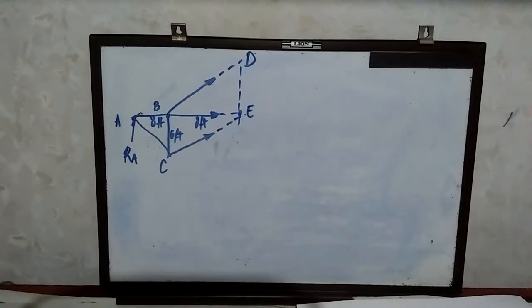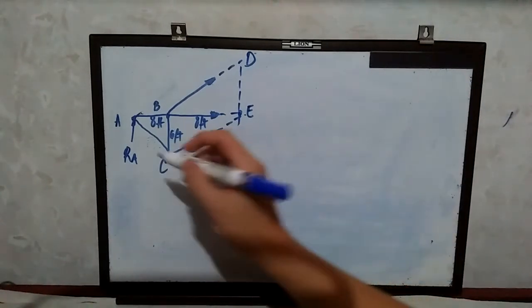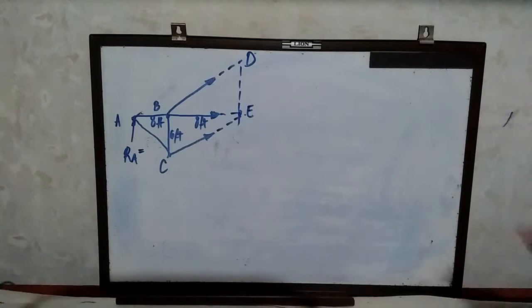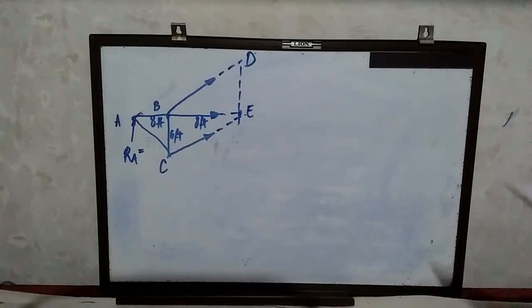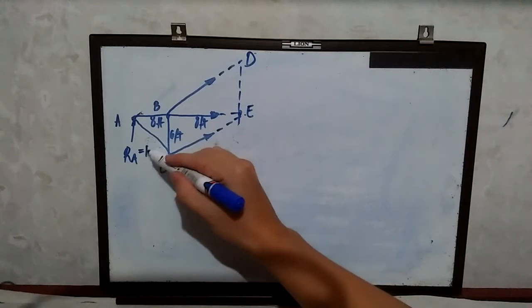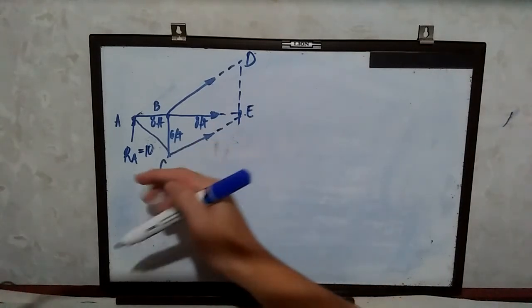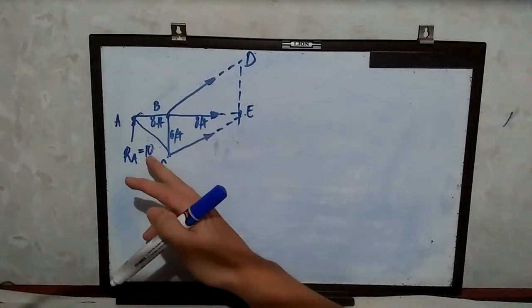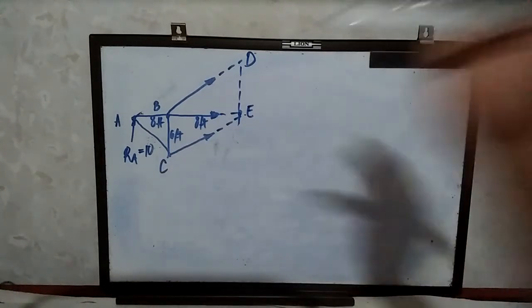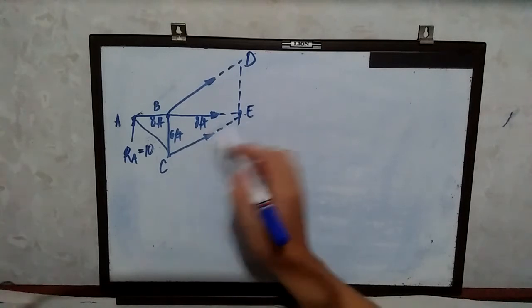Now, R sub A, according to what we solved earlier, is equal to 10 kilopounds. This should be 10 kips, so I will just retain the unit, but it is understood that this is in kilopounds. So let's try to solve for member CE.